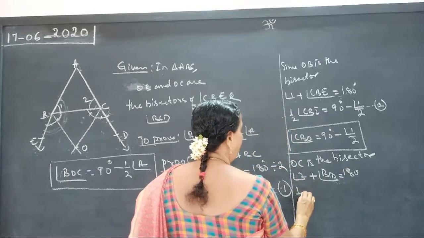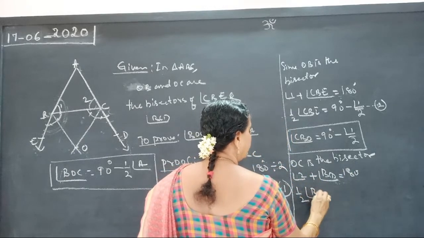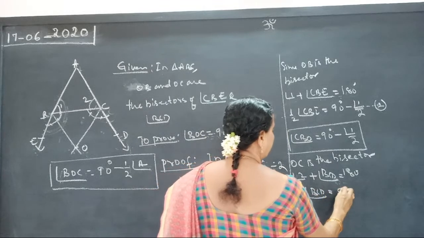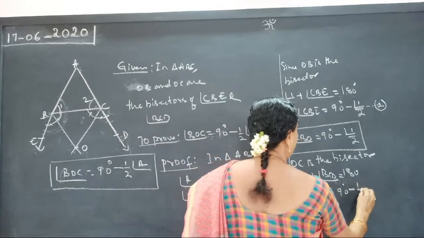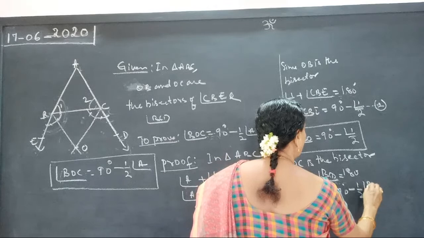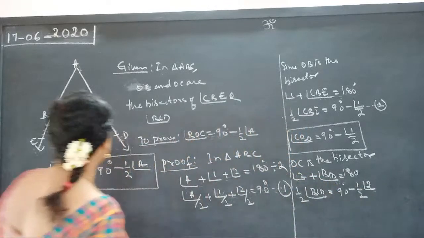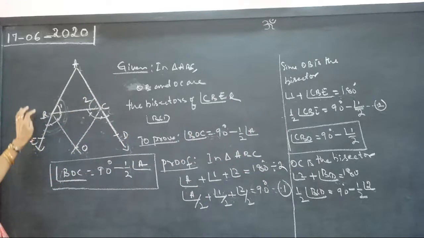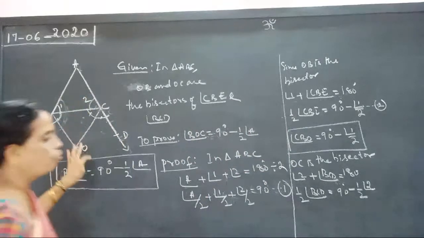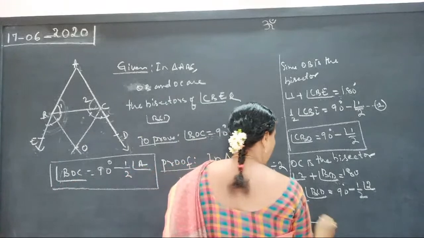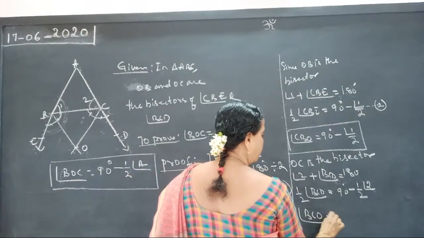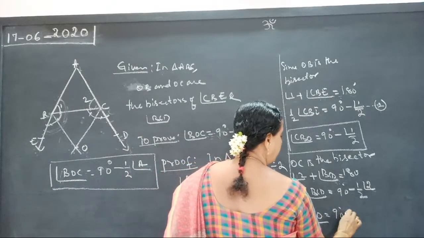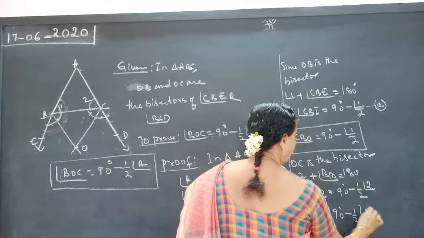So half of angle BCD equals 90 degree minus half of angle 2. So we consider half of angle BCD as angle BCO. Angle BCO equals 90 degree minus half of angle 2.